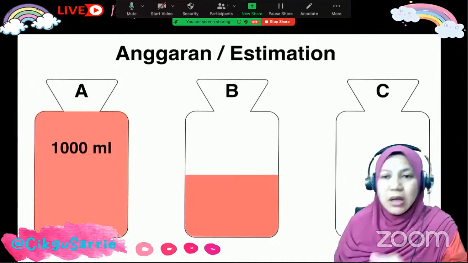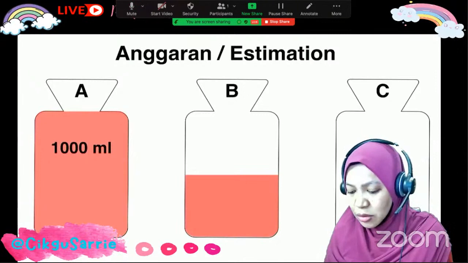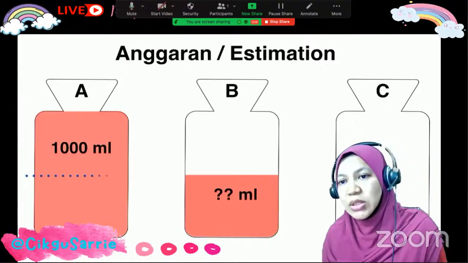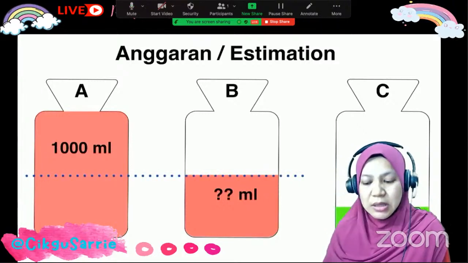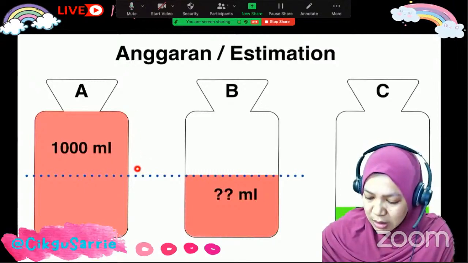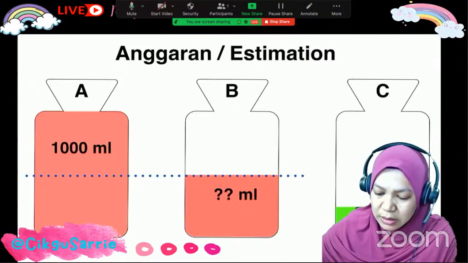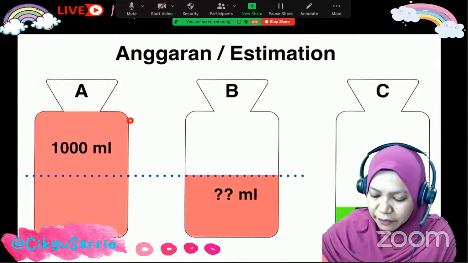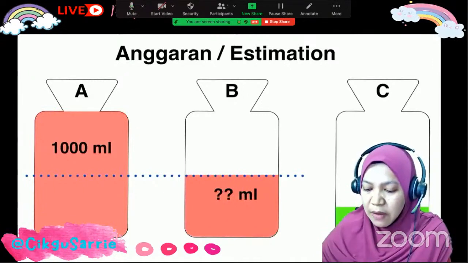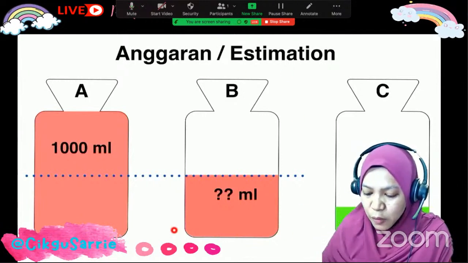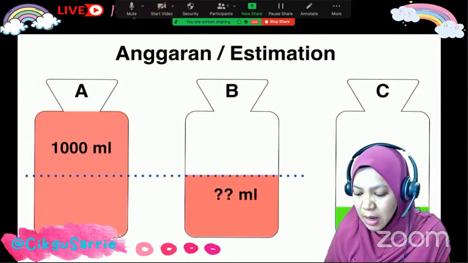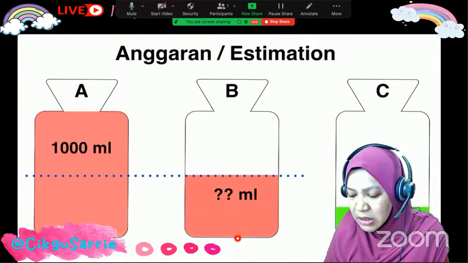So to prove it, first we draw the dotted line. If we can see here, from here and here, there is half of the volume of tank A. So for this tank B, the dotted line here shows that the volume of tank B is half.